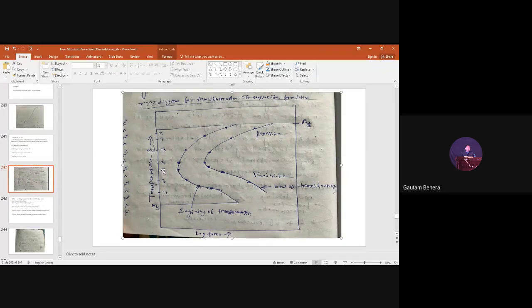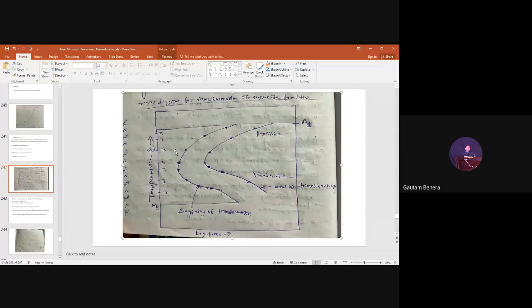Similarly, after T5, when the temperature goes to T6, T7, the incubation period increases again. So why? Initially we have a high incubation period, then at the center we have a minimum incubation period, and at the end we again have a high incubation period. So due to this the curve is a C curve, right?